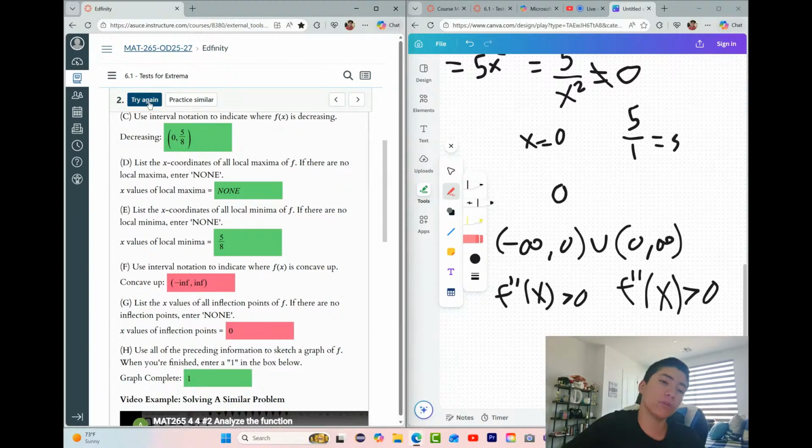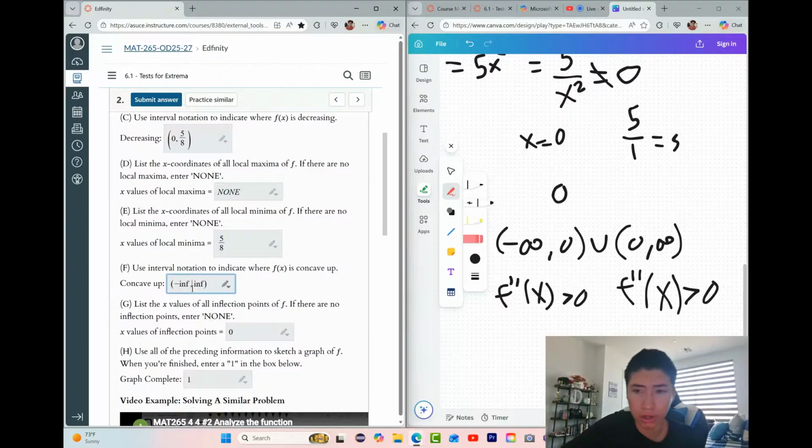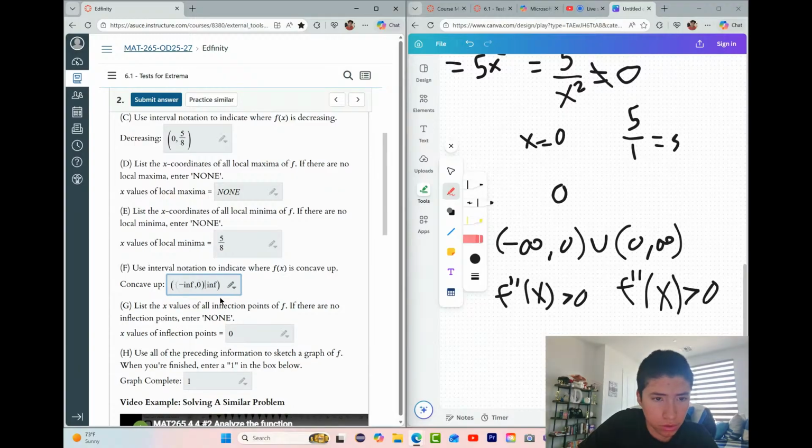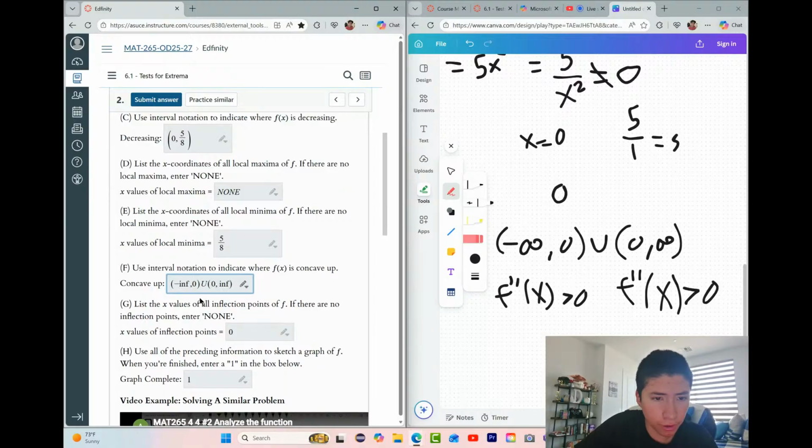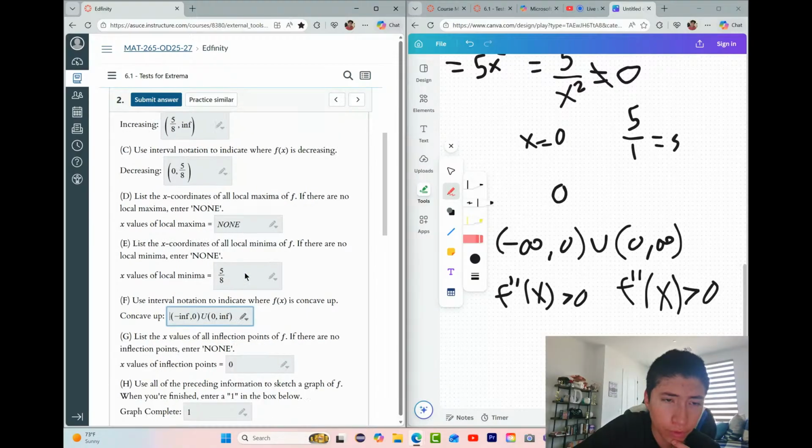Oh, whoops, hold on. It's not concave up at 0. At 0 it's undefined, so that makes no sense. There you go. Now that should be correct.